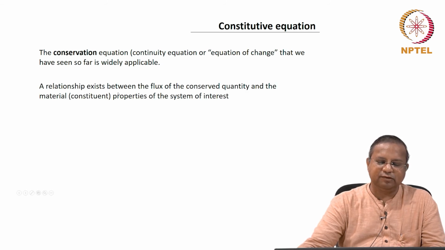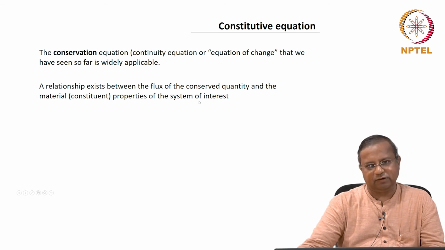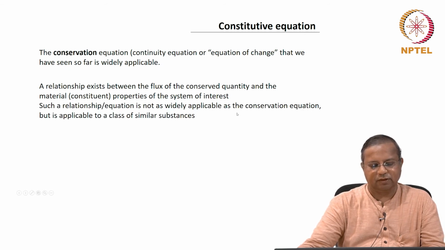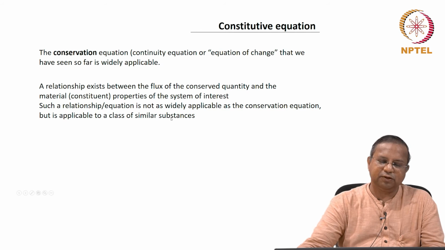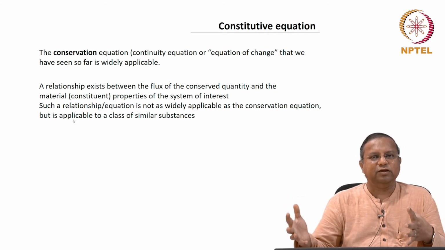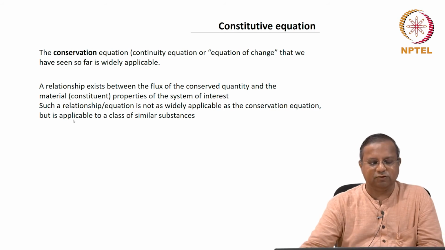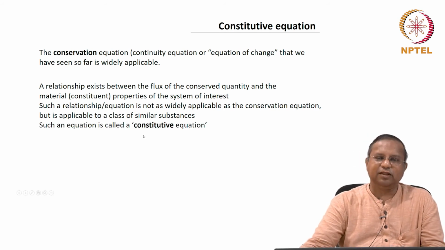A relationship exists between the flux of the conserved quantity and the material or constituent properties of the system of interest usually. Such a relationship is not as widely applicable as the conservation equation. You cannot close your eyes and apply it, but it is applicable to a wide variety of substances or a class of similar substances, and therefore, that turns out to be useful, and that is called a constitutive equation.